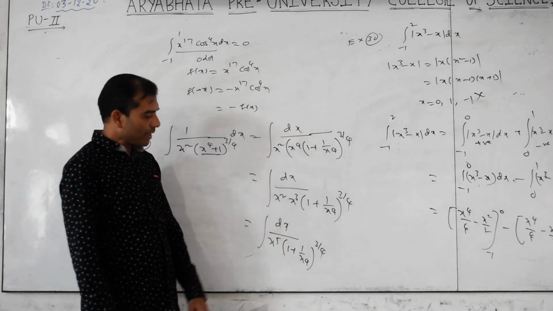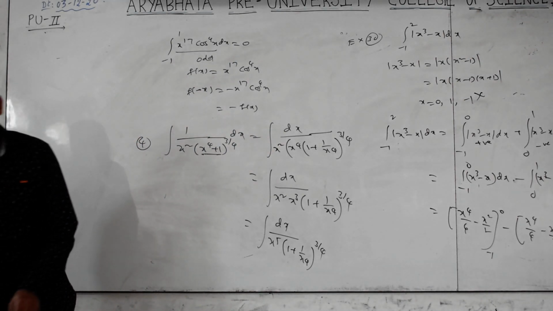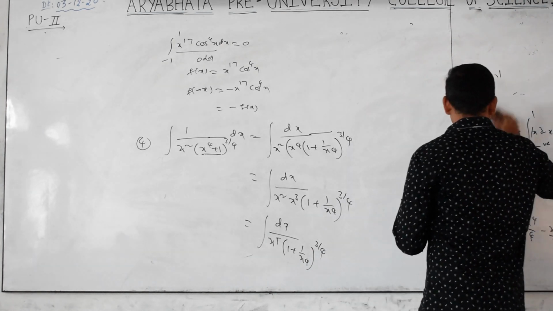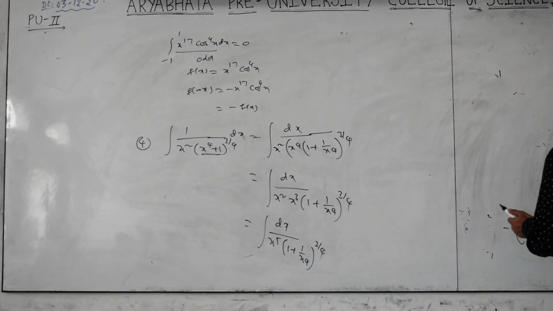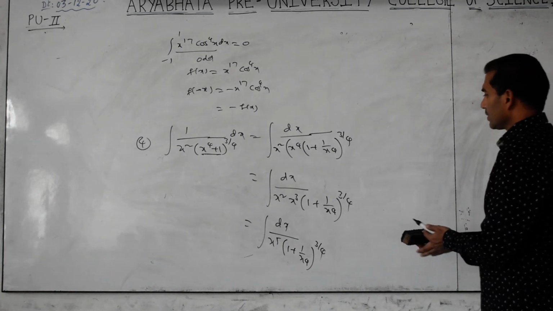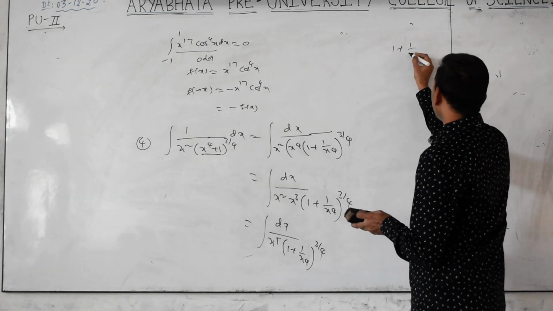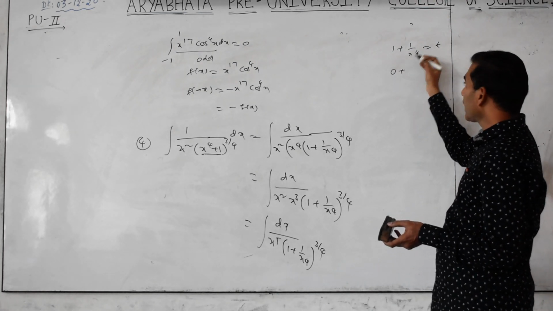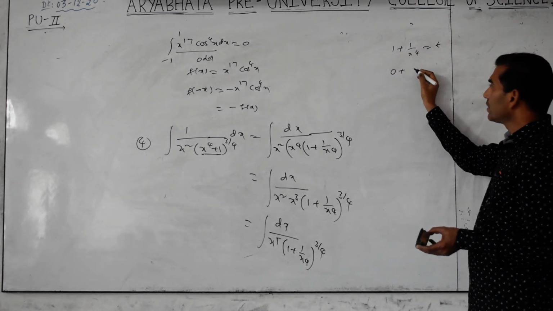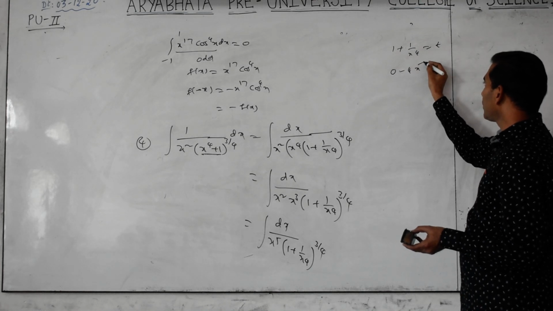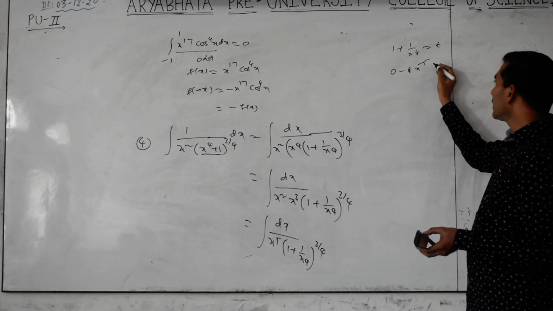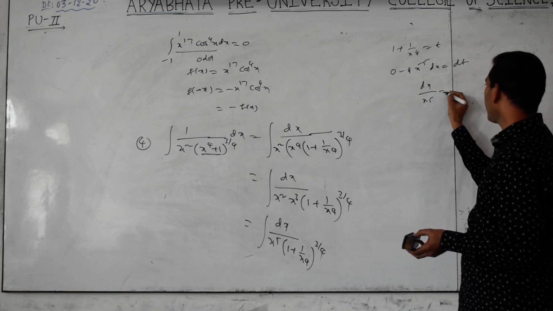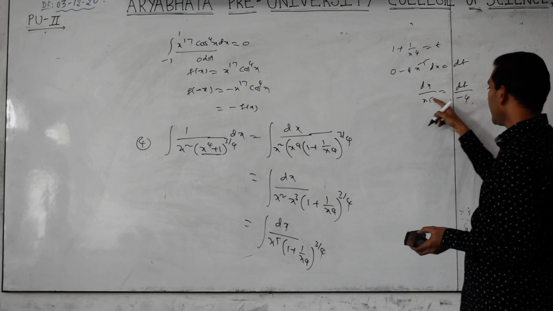So let 1 plus 1 by x power 4 equal to t. Differentiation: 0, and x power minus 4 differentiates to minus 4 x power minus 5. dx equal to dt, so dx by x power 5 equal to dt by minus 4.